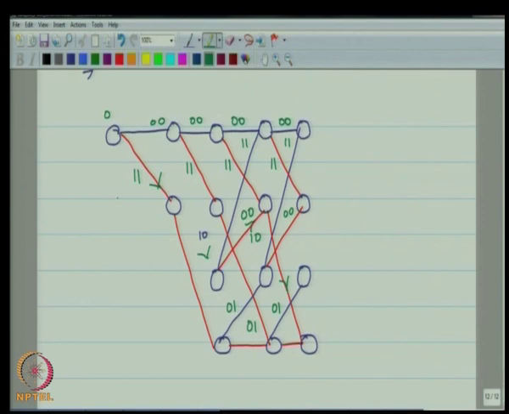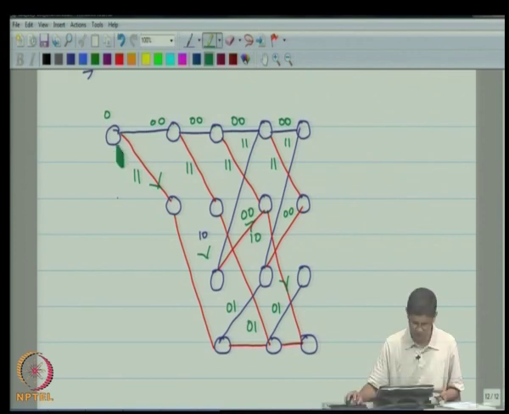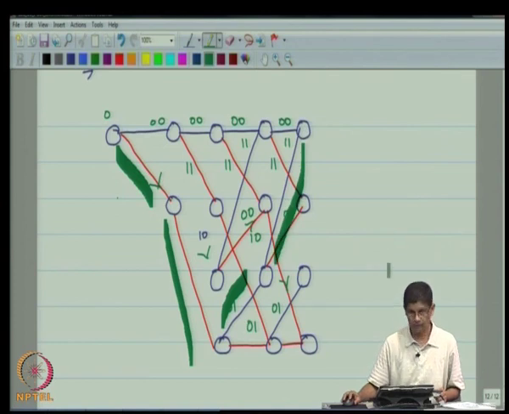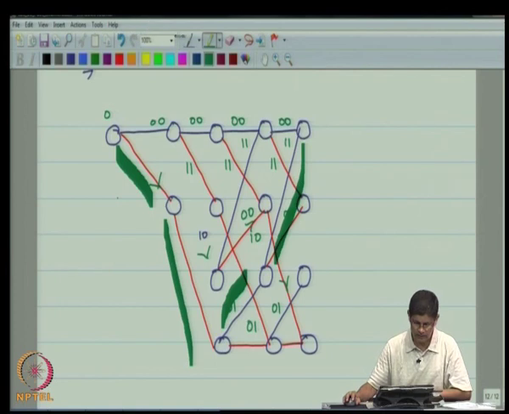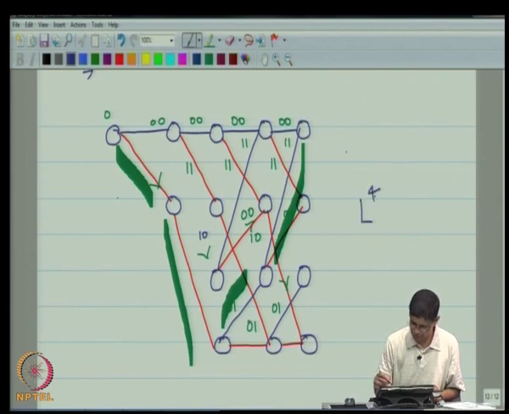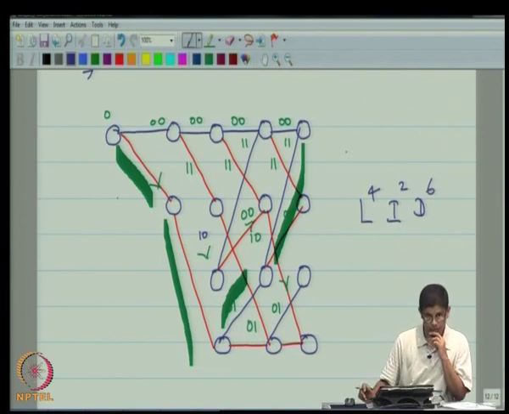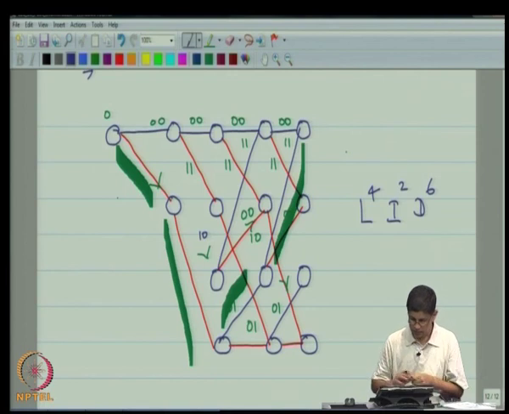That means that we are interested in the path which goes like this, and like this. Okay. That is the 4 path segment, and you can see that this corresponds to here to L to the 4, I to the 2, and D to the 6, right. All right.